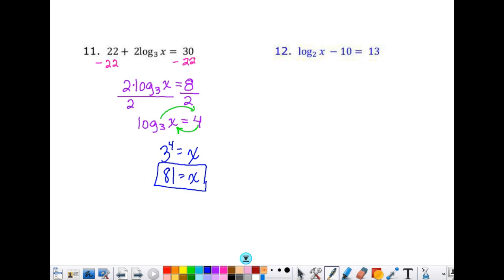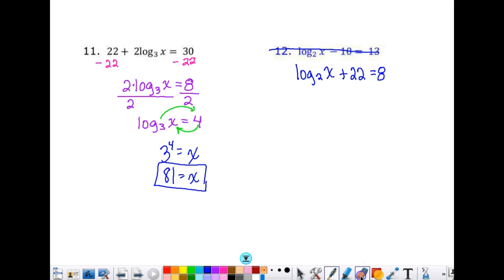Now, your number 12 and my number 12 are different. So, log base 2 of x plus 22 equals 8. Okay, so what do we do first? Oh, I think I jumped a step.